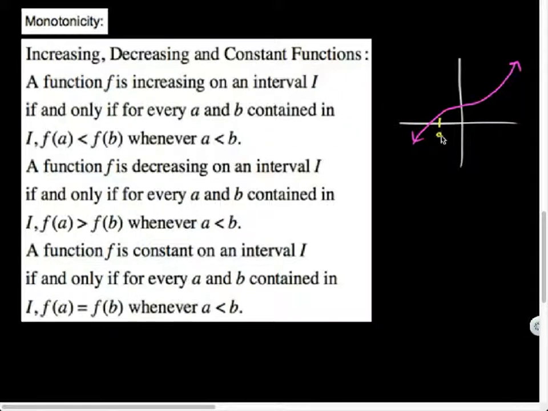Say here's A, here's B, the heights of those points would be f of A and f of B, and you could see that the y value here is in fact lower than the y value there. That's all it's saying. It's increasing because it got bigger.